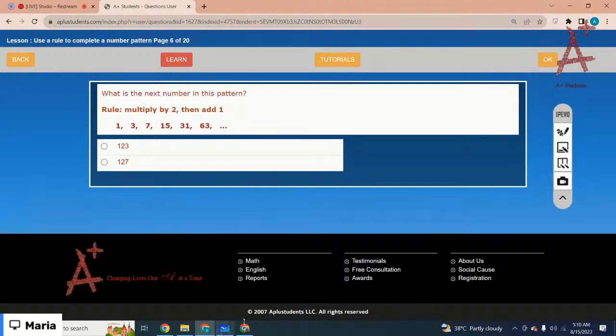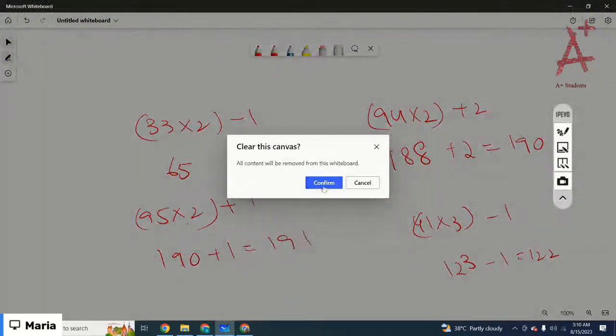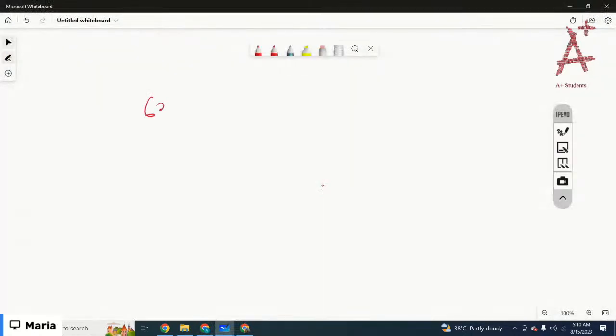So let's just do 63 times 2 and plus 1. So it would be 2 times 3 is 6 and 2 times 6 is 12, 126 plus 1, and that equals 127.